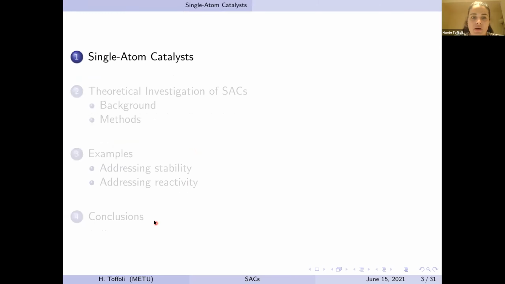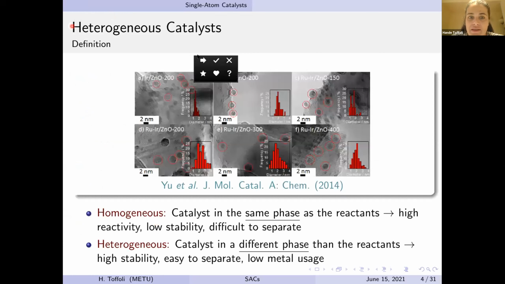Okay, so as I mentioned in the beginning, single atom catalysts are a class of what are called heterogeneous catalysts. A heterogeneous catalyst, as opposed to a homogeneous catalyst, is one where the catalyst is in a different phase than the reactants. So let's say we want to oxidize carbon monoxide.